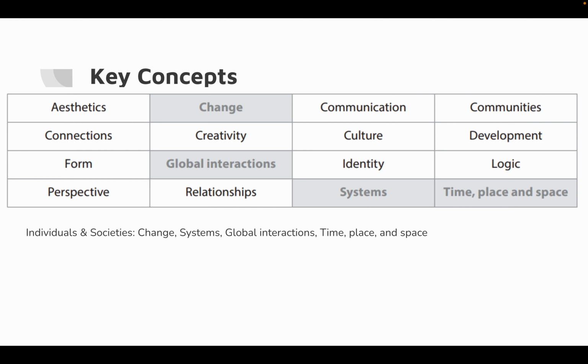And time, place, and space, in my experience, has related primarily to history, or how particular actors, such as women, how their position or their outlook has changed from one era to another.